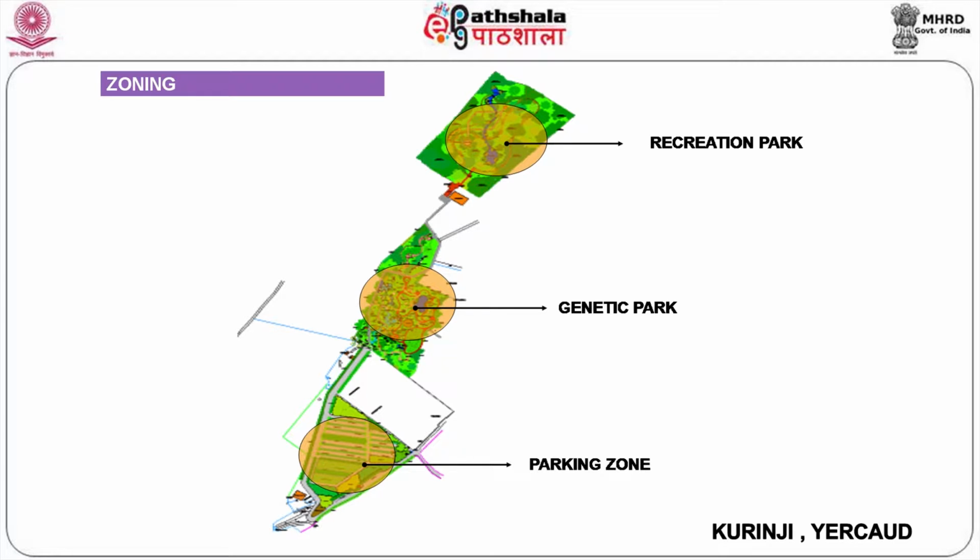In the genetic park area you have their activities you can read through: the main entrance, parking, amphitheater, information center. All these designs, when you go into the design, how we use them in today's modern architectural style, taking it back to 2000 years ago.